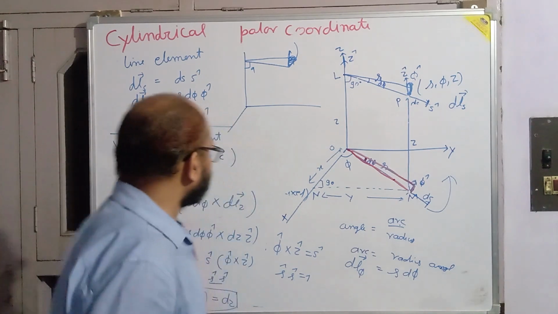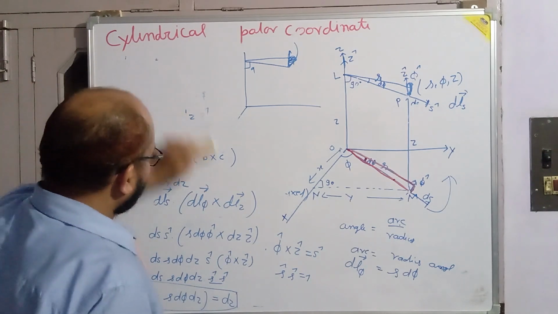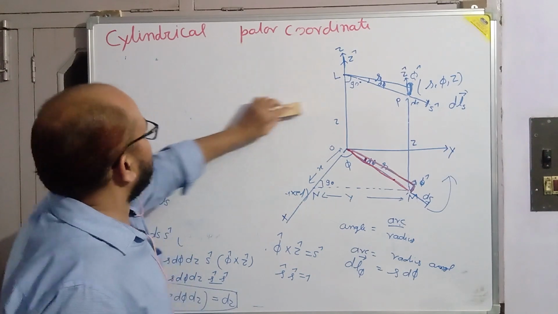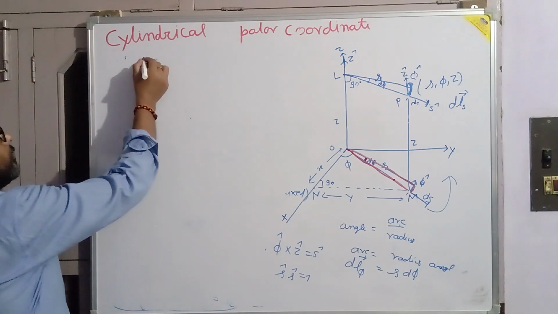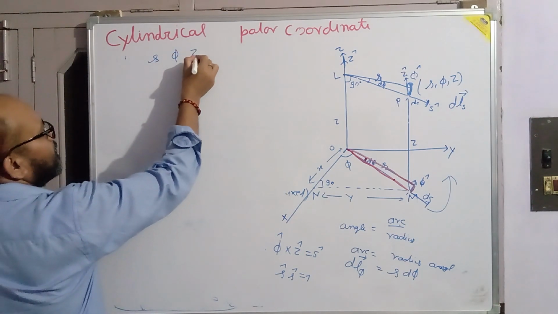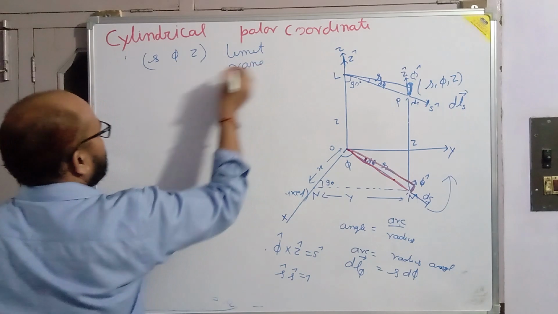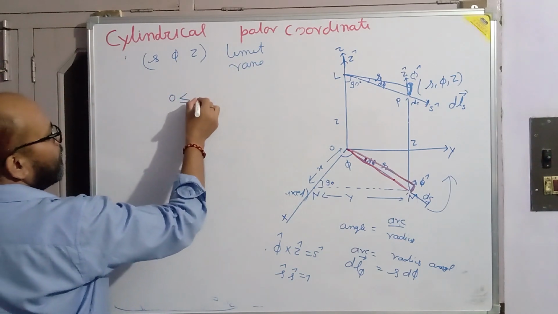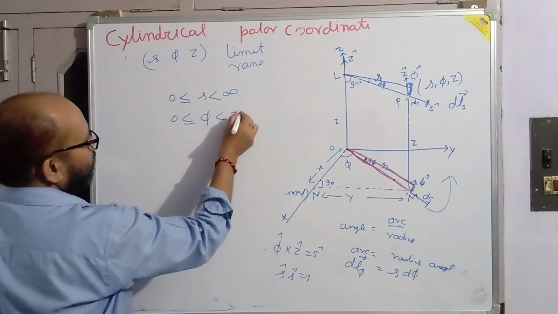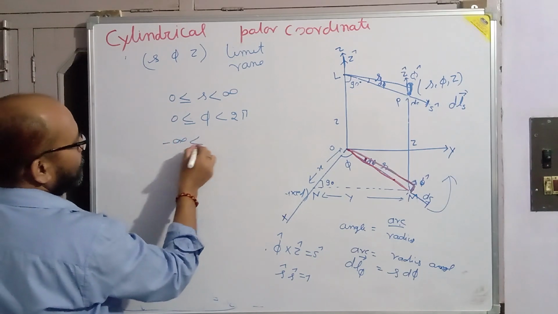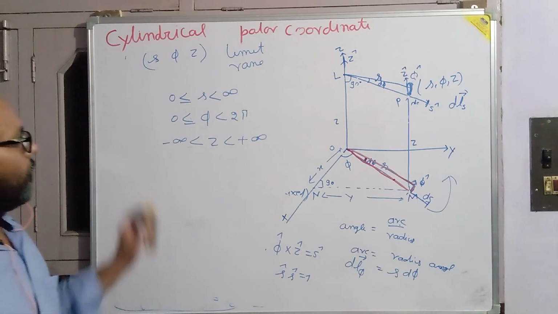Now, what is the range of the coordinates? It means the limit or range of s, phi and z. What is the limit? Here the range is s from 0 to infinity, phi from 0 to 2 pi, and z from minus infinity to plus infinity.